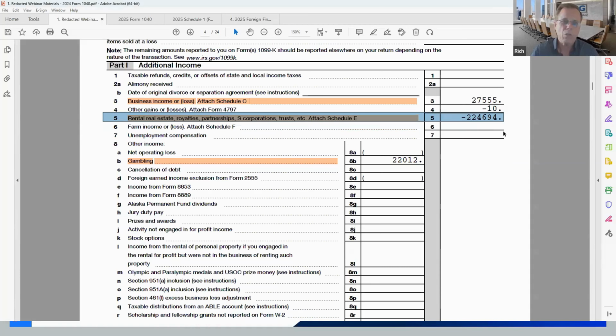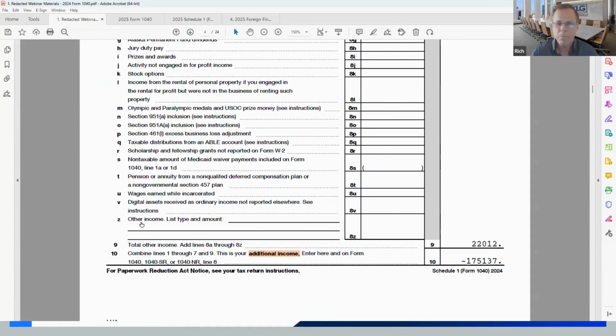And then on line 5, you can see they had a loss of $224,000 that flowed through Schedule E, which is rents, royalties, and other pass-through entities, S corporations, etc., which Lou's going to cover in a little bit. And this is where gambling winnings get reported. They had gambling winnings of $22,000. If you scroll down to the bottom of Schedule 1, you'll see that the additional income was a negative $175,000.